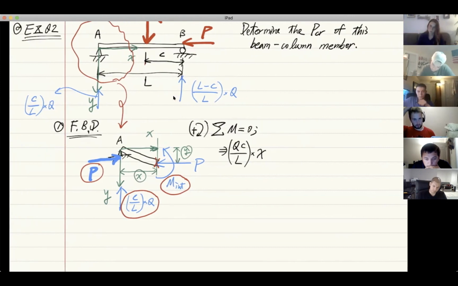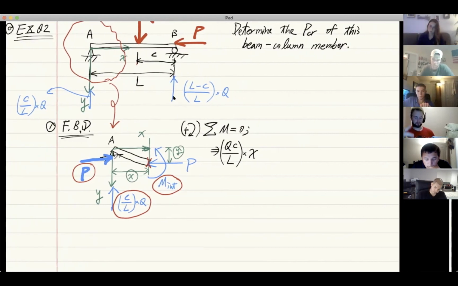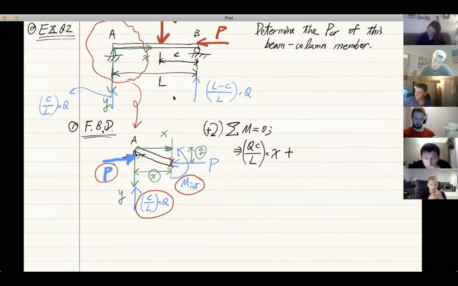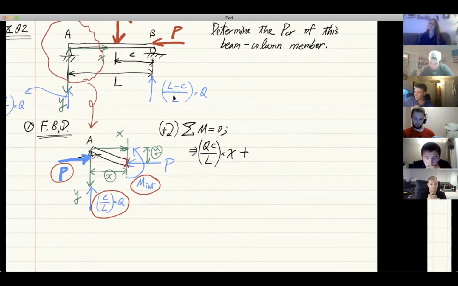And then we will know that the moment produced by the force is also in the clockwise direction, right? But the quantity is P times y. So this will become P times y. And the whole thing must equal the internal moment, M internal, like this. So that's the moment equilibrium.